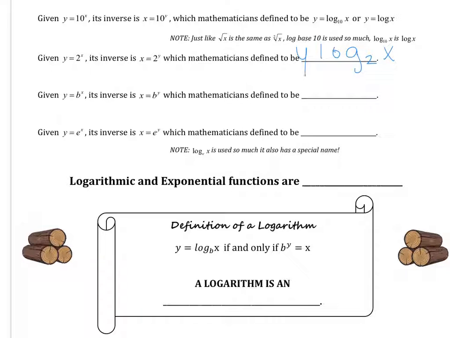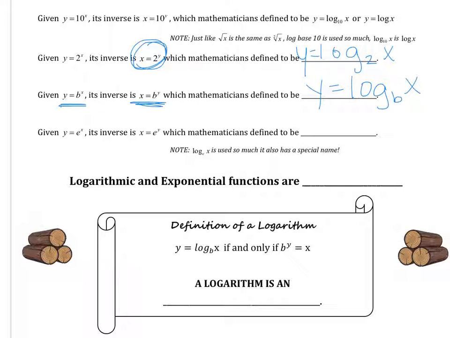So we can rewrite x equals 2 to the y as y equals log base 2 of x. So more generally, if we have y equals b to the x, and its inverse is x equals b to the y, mathematicians just defined this in general terms to be y equals log base b of x.